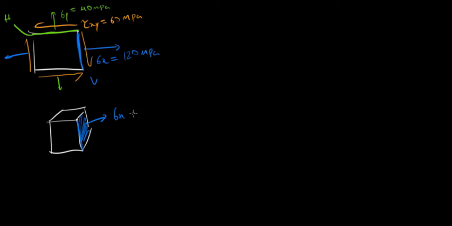So that sigma x is acting on the vertical face. And the one in green, which I'm calling the horizontal face, is that surface right there. What is acting on that? That's sigma y.